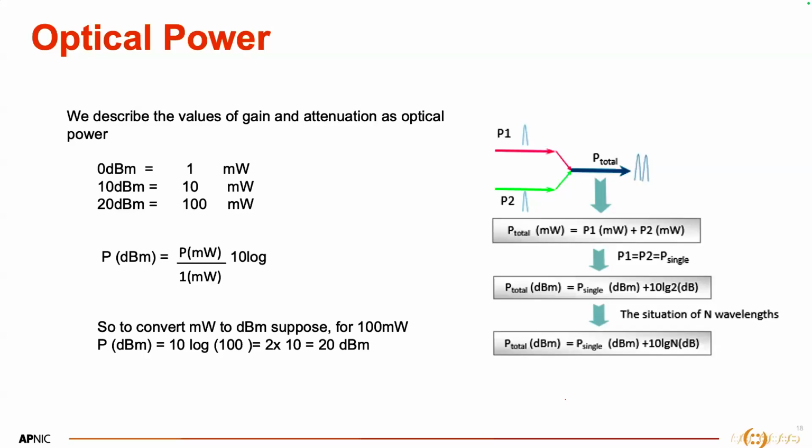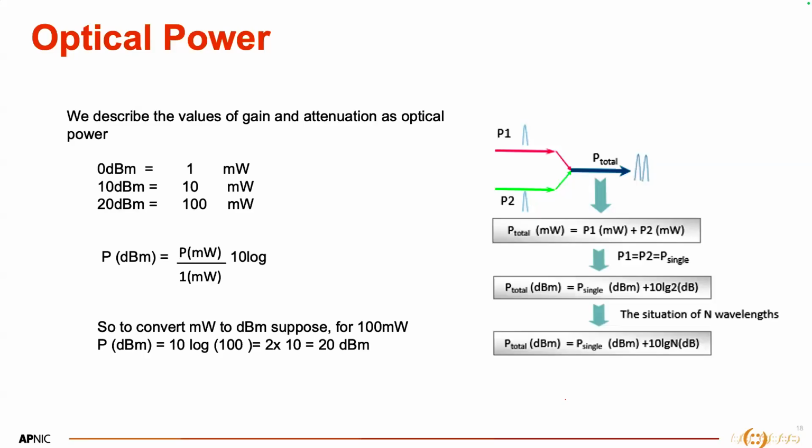So P total will be equal to minus 3 dBm plus 10 log 2, where minus 3 is the power of P1 or P2. They are supposed to be the same because we want the same level of transmission power for both the lambdas. So the single wavelength power is minus 3 here in this example, plus 10 base log 2. Here we have only two lambdas, P1 and P2, so in this example, n will be 2.